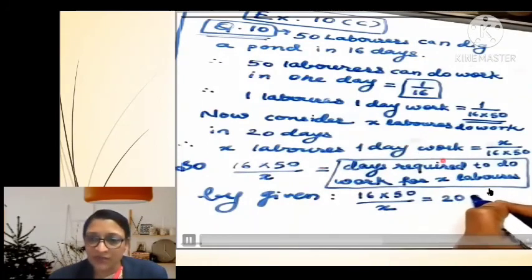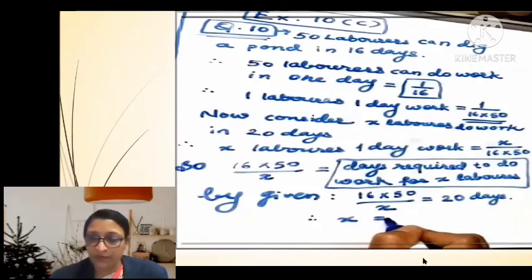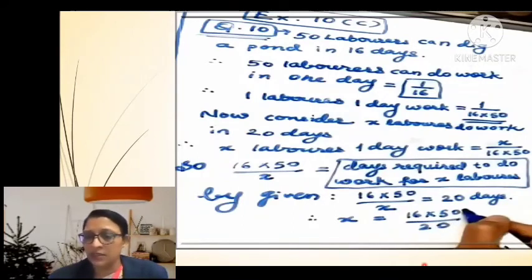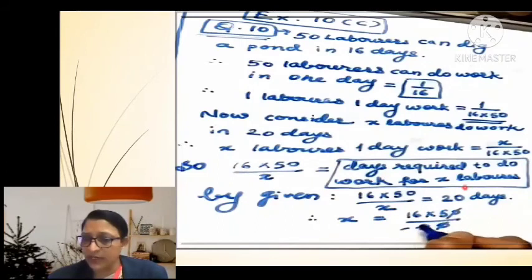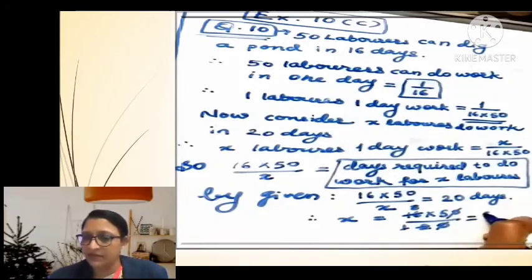So in place of this one, we will write 20 days. Therefore, value of X is equal to 16 multiplied by 50 upon 20, by transposing the values of X and 20. 0, 0 cancel, 2 1s are 2, 2 8s are 16. And 8 multiplied by 5 is the value of X, that is equal to 40.